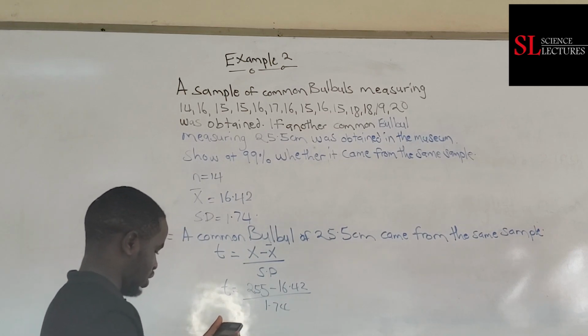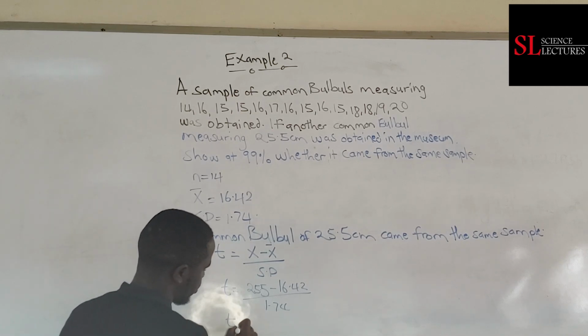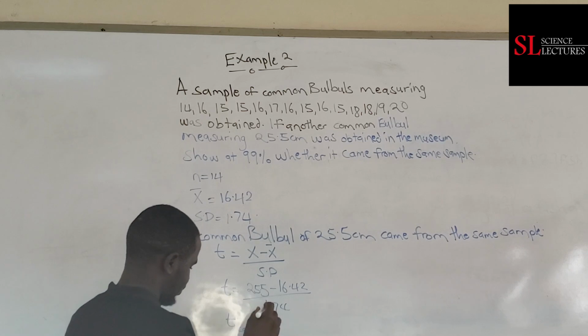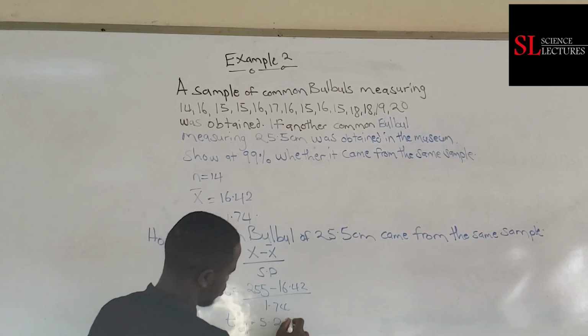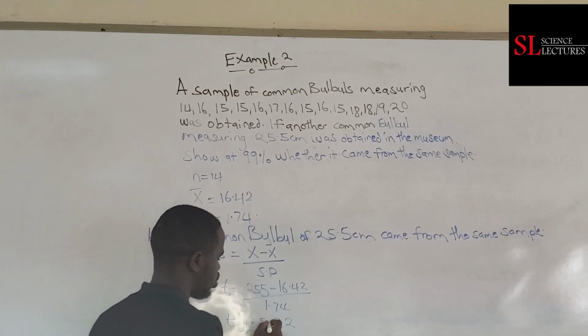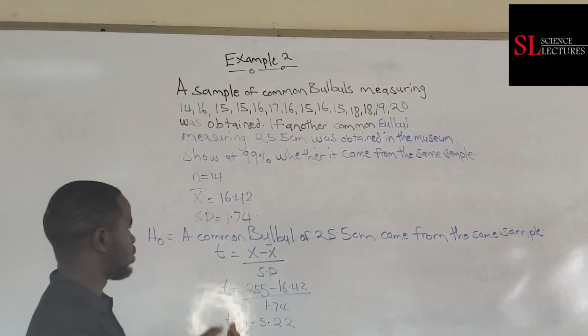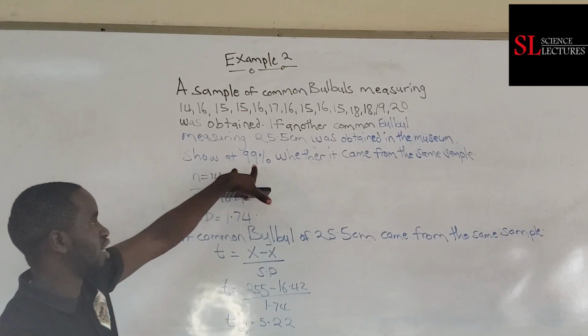I get my t calculated as 5.22, because it's 5.218. When I round off, I get 5.22.